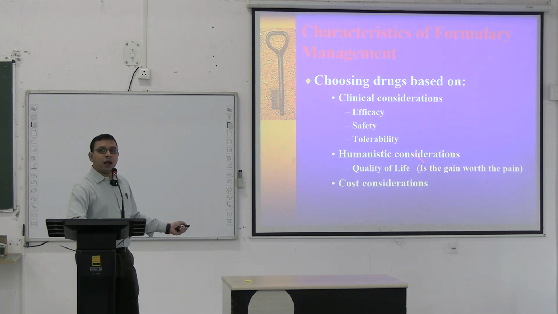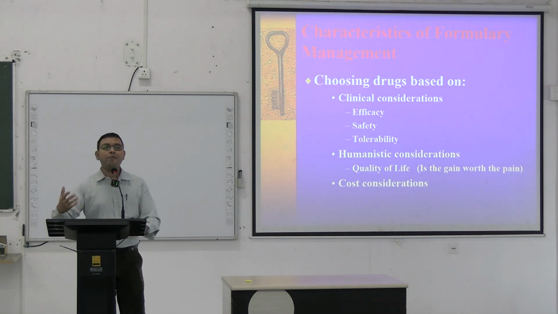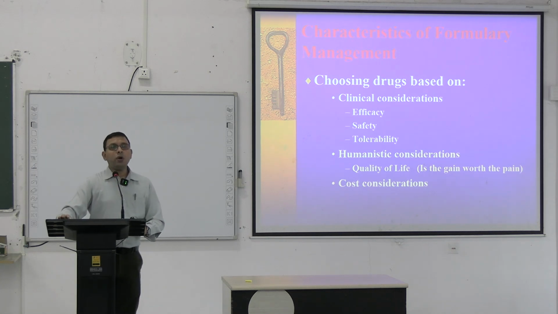And apart from this, there are also humanistic outcomes, which are usually calculated with quality of life measures. For example, take a patient with chronic obstructive pulmonary disease, also known as COPD. In COPD, there will be dyspnea.